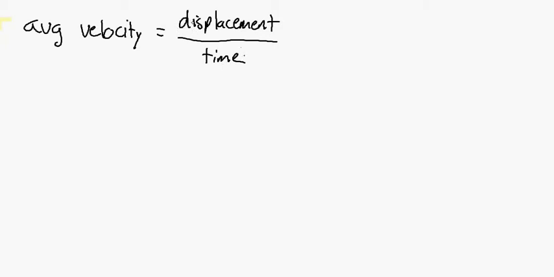We can also go more explicitly into what displacement is and show it as final position minus initial position, so our starting position, and then again this is going to be over time.